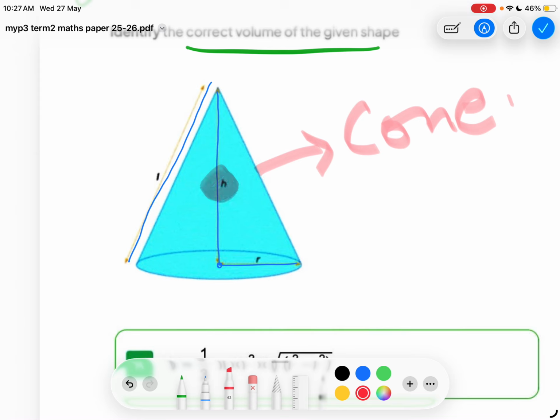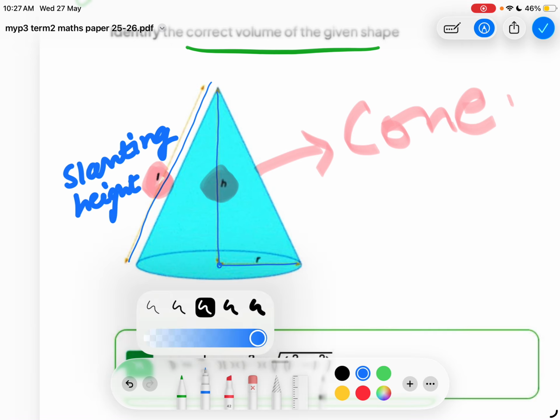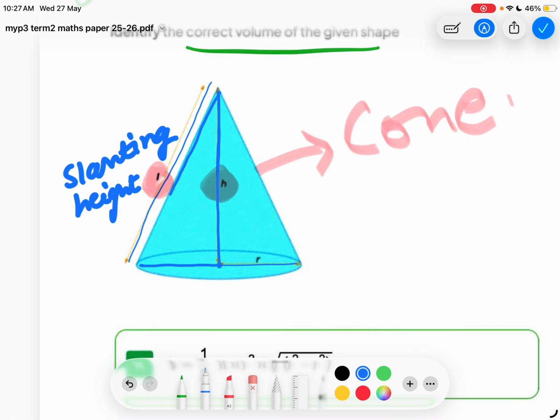This is known as the height and this is known as the slant height because it is slanting, so the difference should be clear. And here we have a 90-degree right triangle. If this is 90 degrees, then this is the hypotenuse, which is the longest side, right?